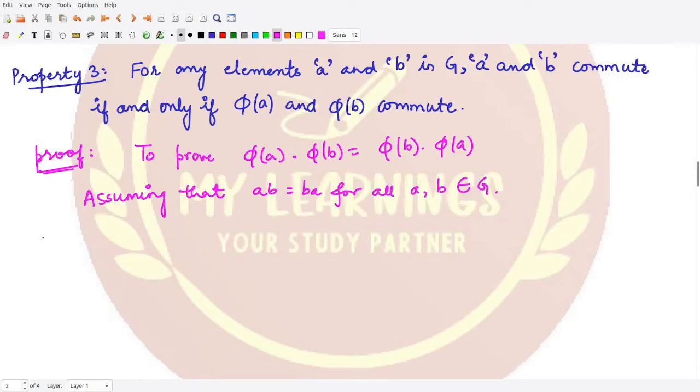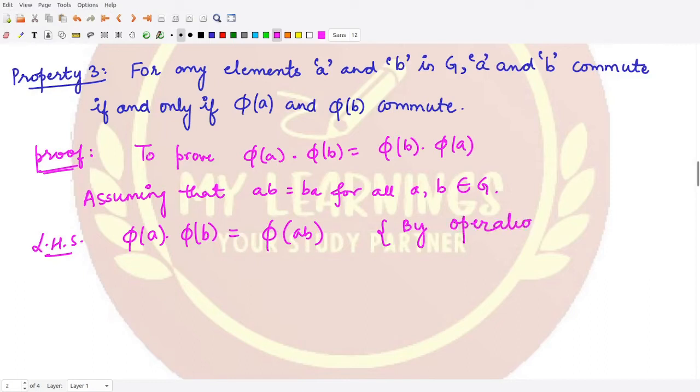So what we do, we take the left hand side. For the left hand side we have phi of A into phi of B. This is equal to phi of AB. Why? Because of the operation preserving property. Then this is equal to phi of BA. Why?